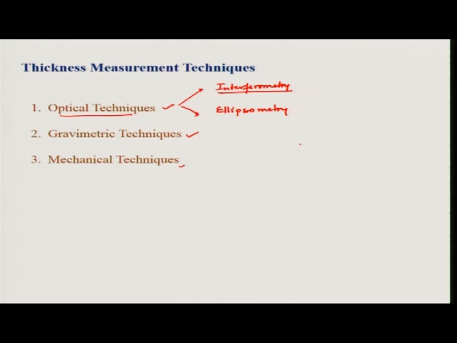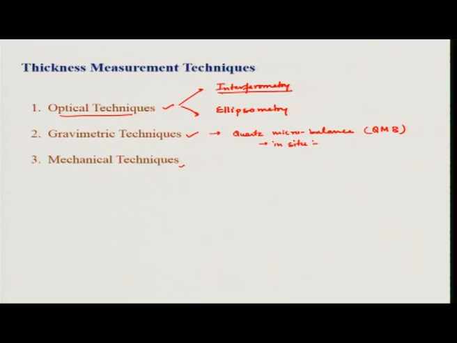For thickness measurements, we said that there are various techniques. You can use optical techniques using either interferometry or ellipsometry. We can use gravimetric technique such as quartz microbalance, QMB, and this you can also do in situ.